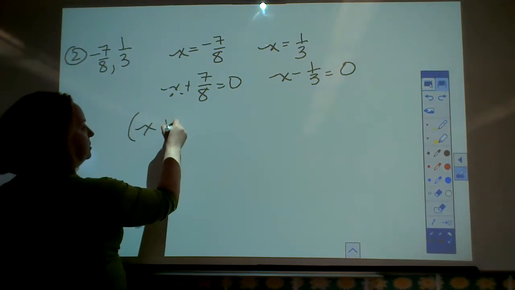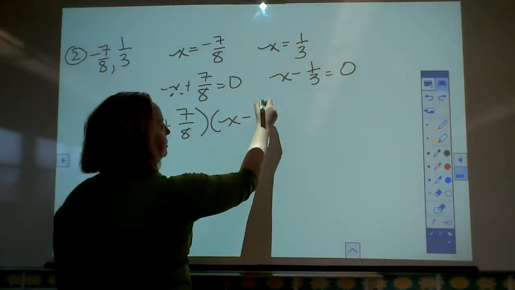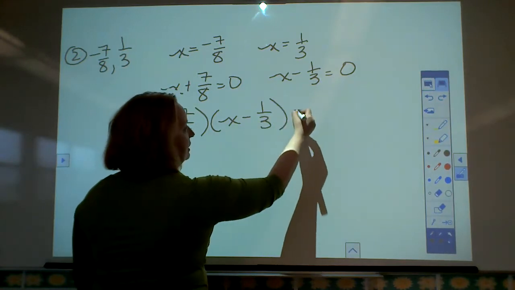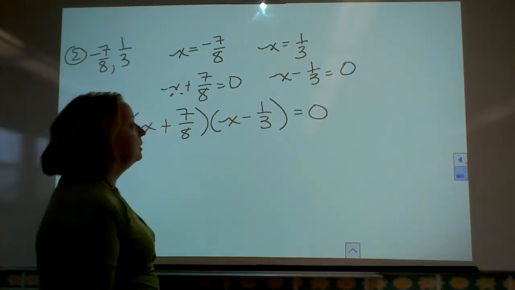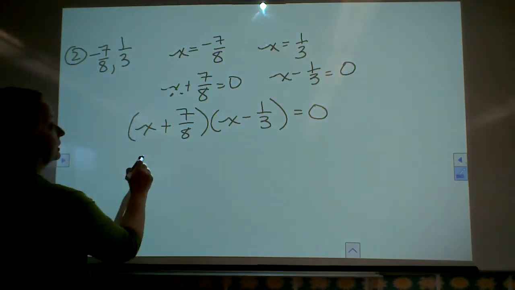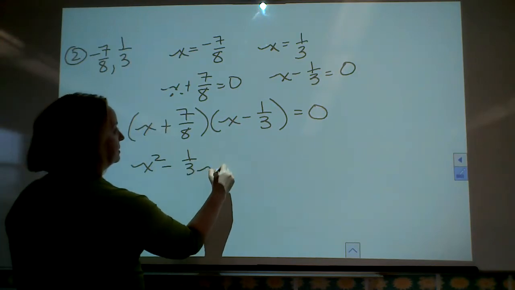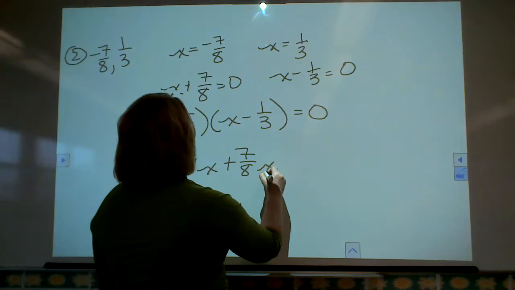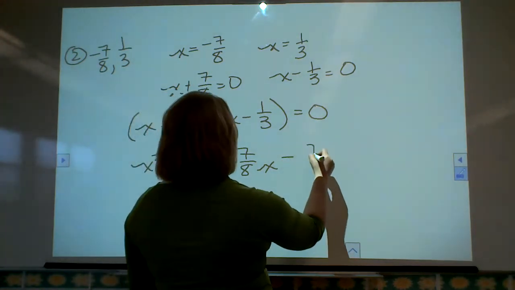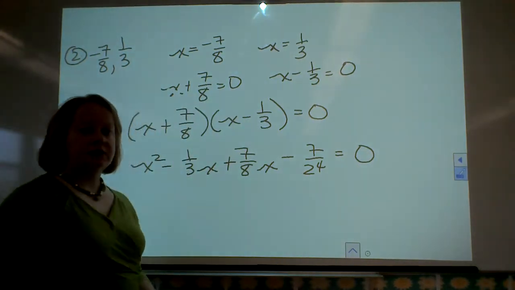So these are the factors: x plus 7/8 times x minus 1/3, and we're going to set it equal to 0. And we're going to FOIL it just like we did the last one. x squared minus 1/3 x plus 7/8 x minus 7/24 is equal to 0.